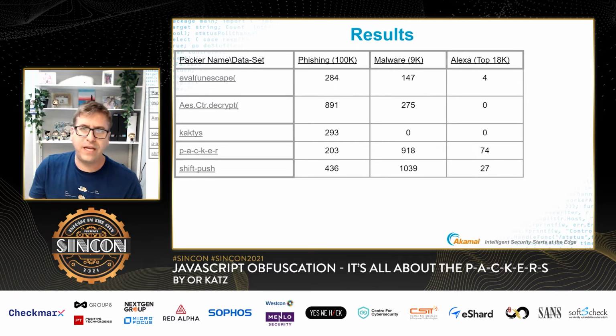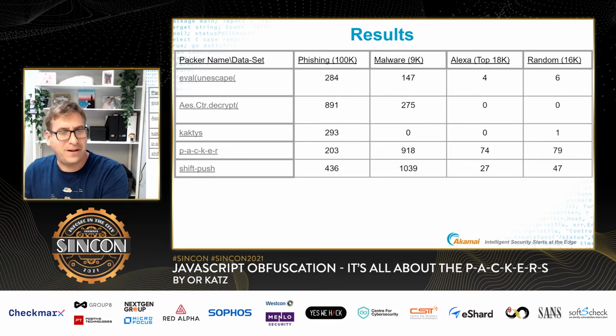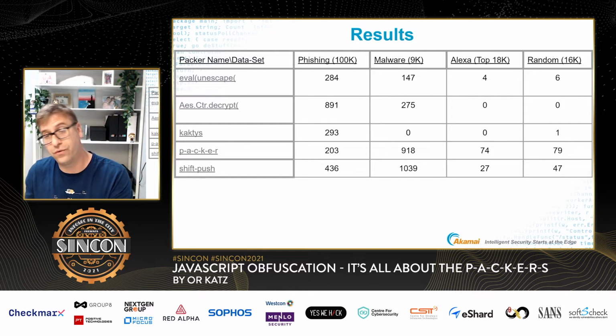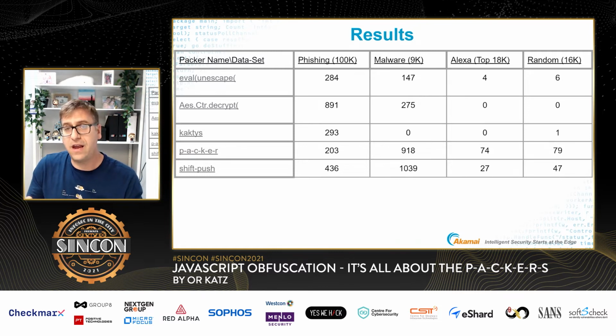The other 2 data sets were the other side of the planet, right? If the first 2 represent something malicious, the last 2 were supposed to represent something that is not malicious. The first one was the Alexa top 18,000 most popular websites, some sort of ranking of the most popular websites.